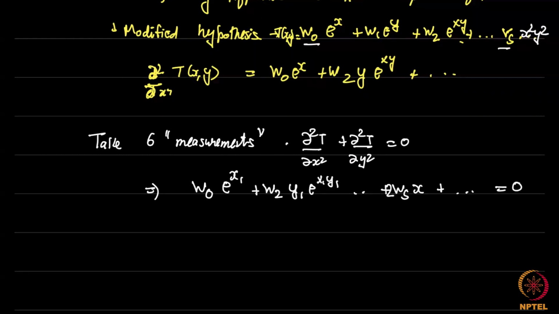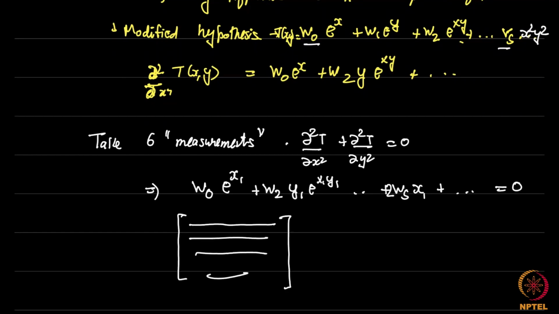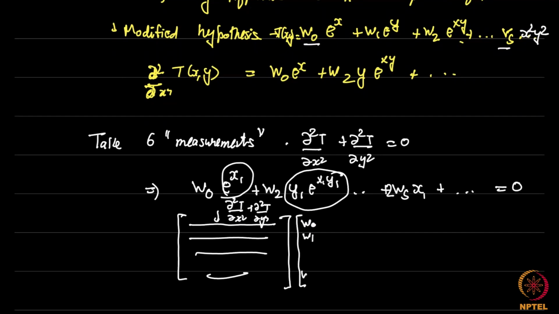is equal to 0. Once you write this will again look like a matrix, except this will be a little bit more complicated. This will represent del square t del x square plus del square t del y square, all the coefficients like e power x1, y1 e power x1, y1, so on and so forth. And you will have W0, W1, W5 equal to, on the right hand side will be 0, 0, 0, 0, 0, 0.